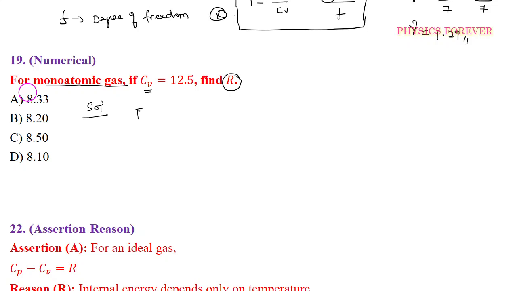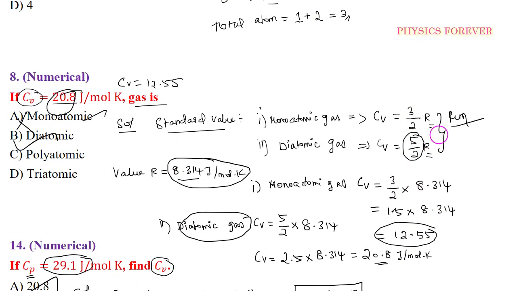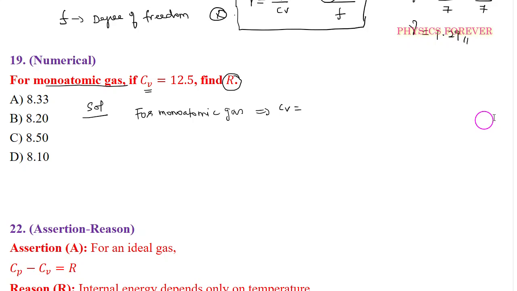For monatomic gases, what is the standard value? Cv is equal to 3 by 2 R.